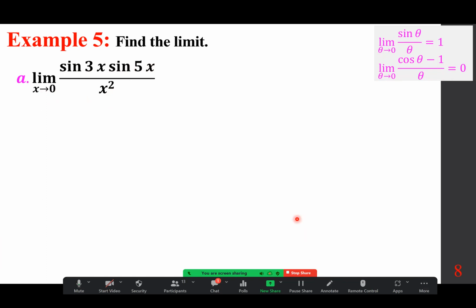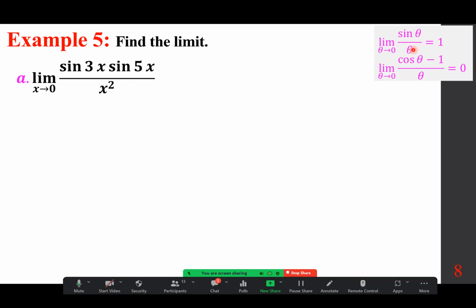So what can we do? Well, notice that we have 3x and x squared at the bottom, 5x and x squared at the bottom. Also notice if the argument of sine, in this case theta, is identical to the denominator, the answer is 1.